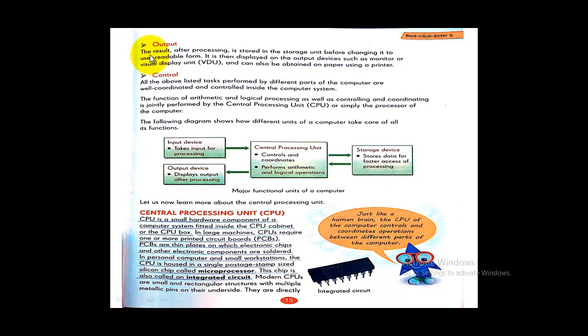The result after processing is stored in the storage unit before changing it to the user readable form. The output devices are the monitor, the screen, or you can say visual display unit, video display unit also, or in the form of a printed paper from a printer.